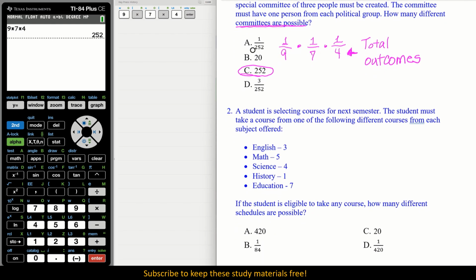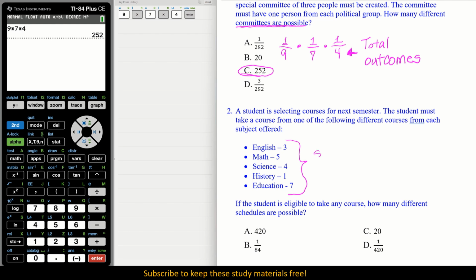It's very similar. It says, a student is selecting courses for next semester. The student must take a course from each of the following different subjects offered. Now, what we need to see is that English, math, science, history, and education, as above with the political groups where you had 3 small groups, are existing smaller groups.